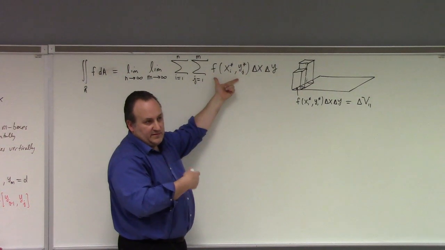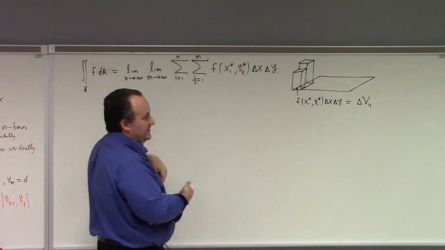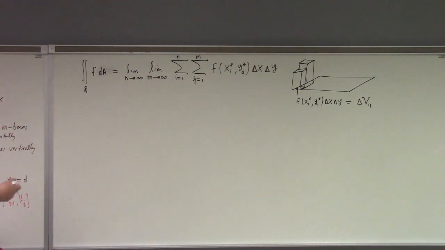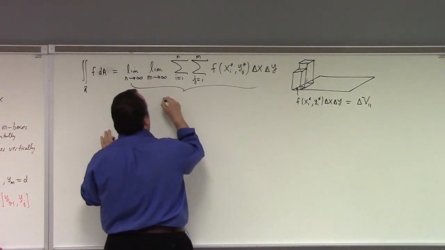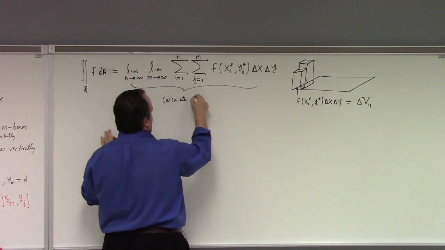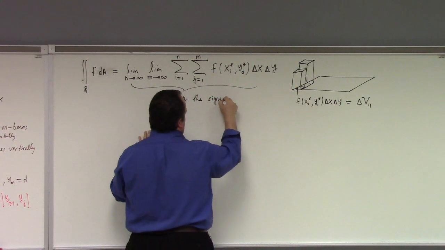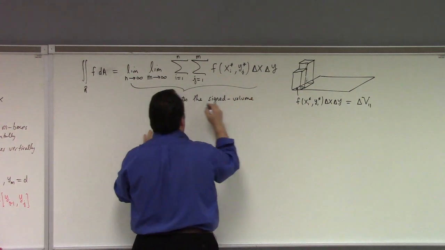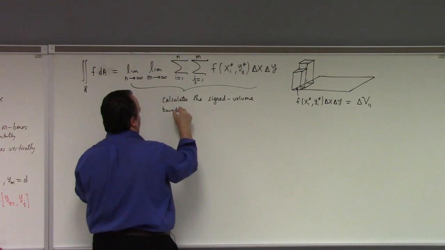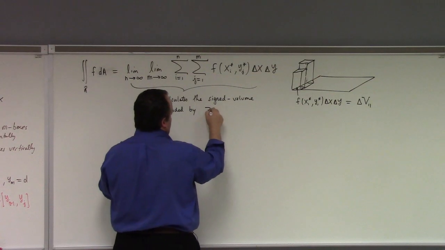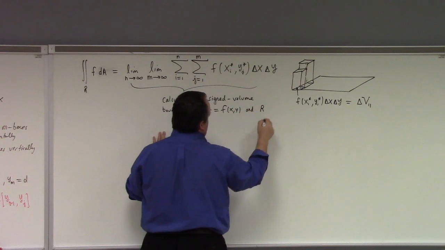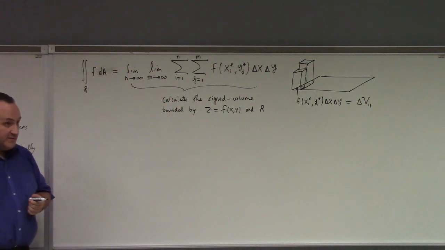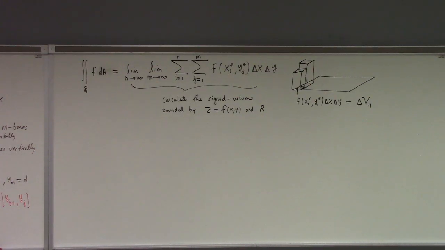So this double integral naturally calculates the signed volume bounded by z equals f of x comma y and the region R. Basically, it's the signed volume of the graph z equals f of x y over the rectangle.